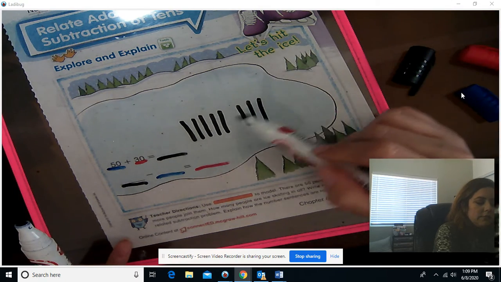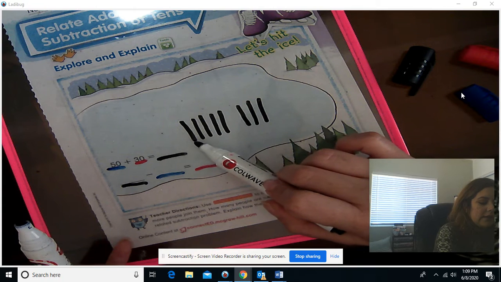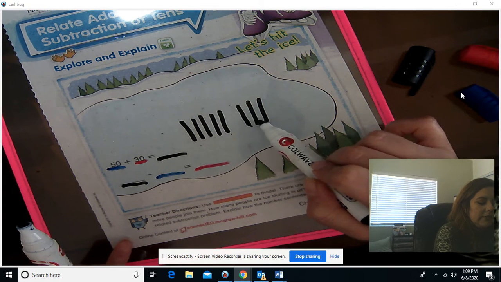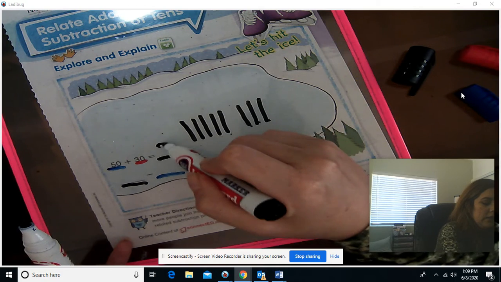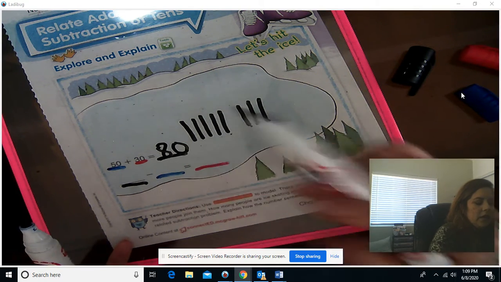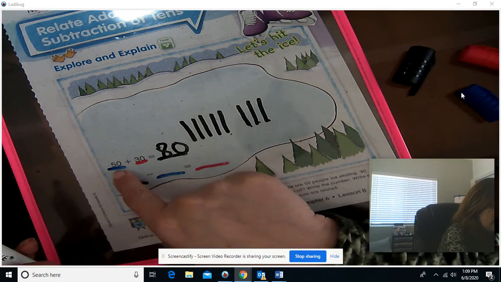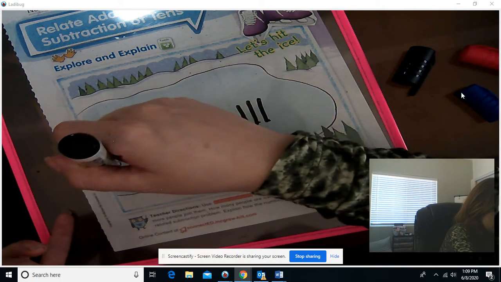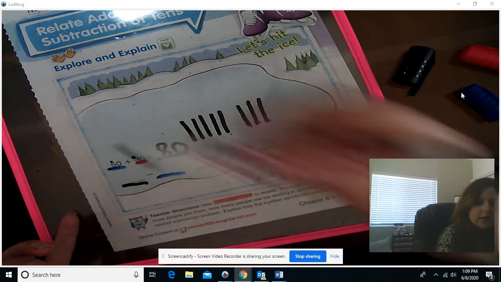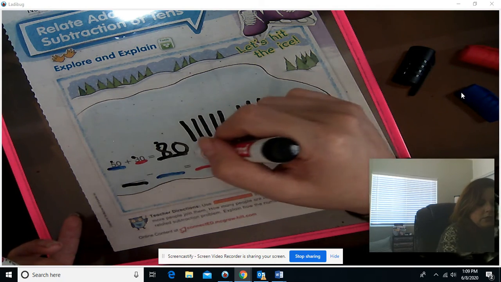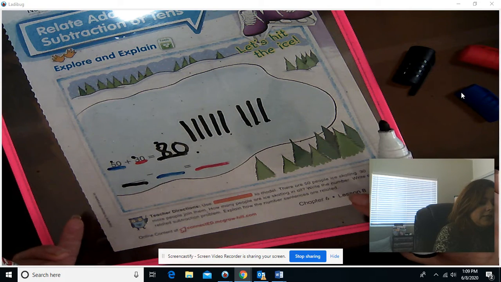Now all together, because this is addition, this is 10, 20, 30, 40, 50, 60, 70, 80. So that's a mama bear of 80. Another way I could have done this was add my tens value. So 5 plus 3 equals 8, and then I just bring the 0 over, and that gives me 80.